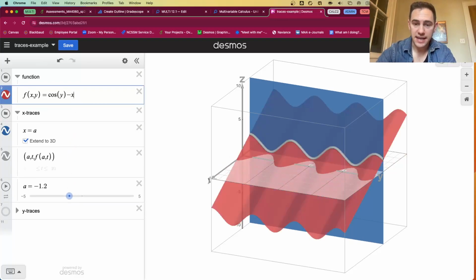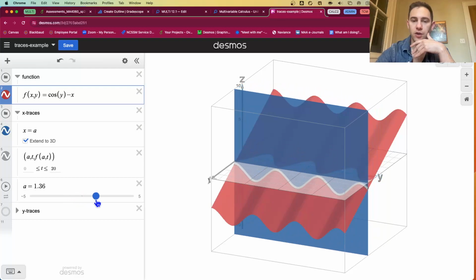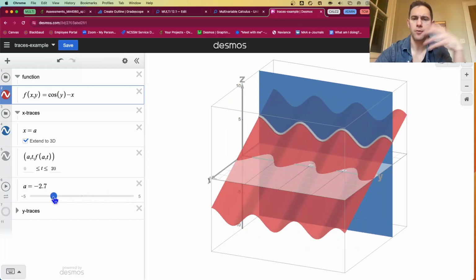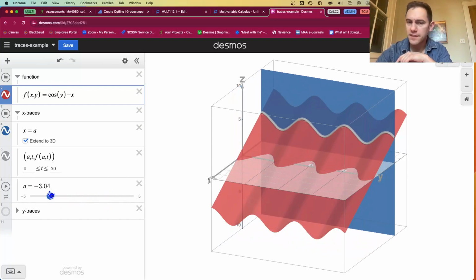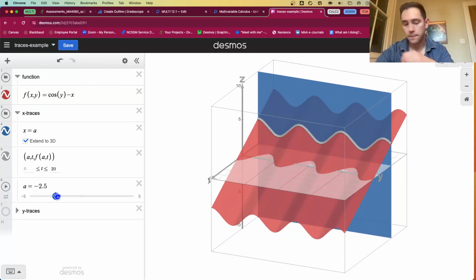But if I subtract the x, all of those intersections with some x equals a plane are the same graph of cosine, but now they're being either shifted up or shifted down. This is what we call a trace. These are called traces. So I'm going to grab a picture of this really quick and bring it over into OneNote for us to annotate a little bit.